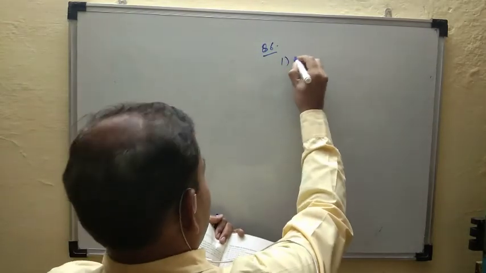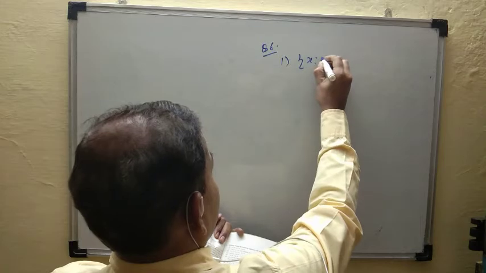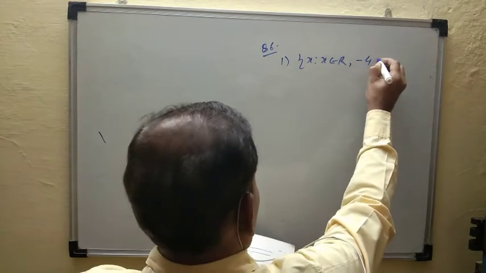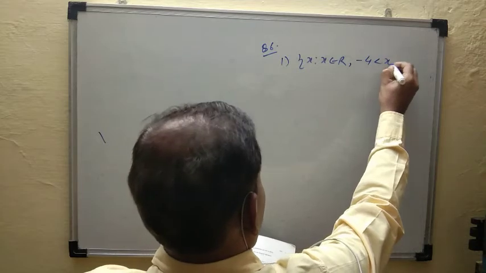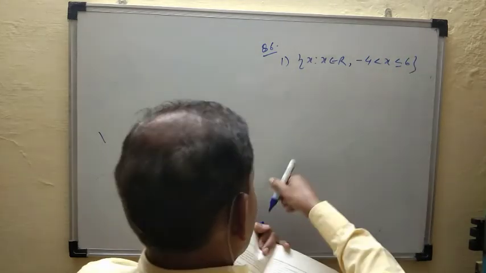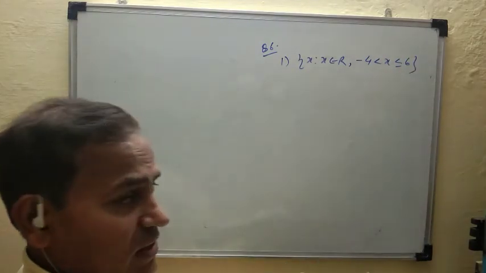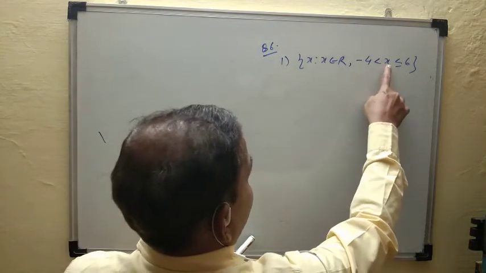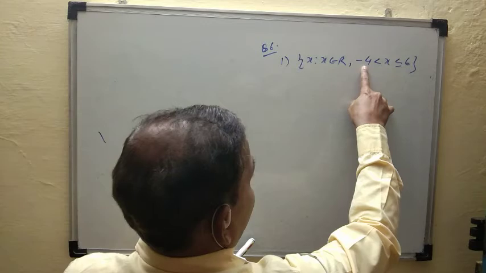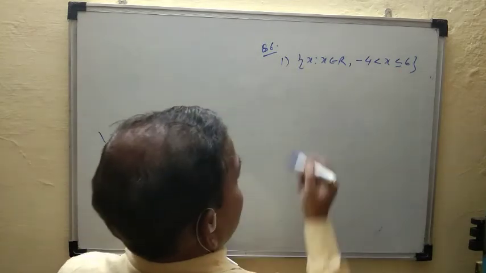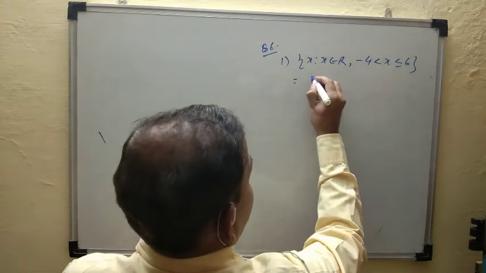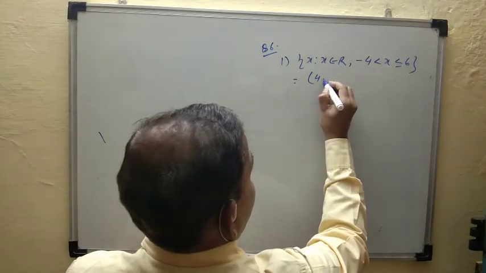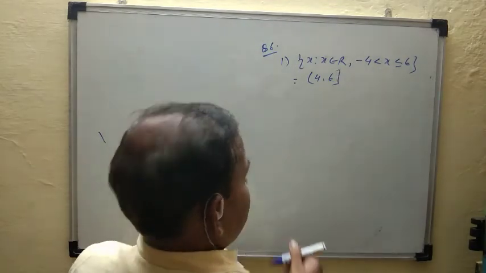The first is x such that x belongs to R, -4 is less than x less than or equal to 6. Since x is a real number and the value of x is greater than -4 and less than or equal to 6, the interval is open on the left side and on the right side up to 6, so the right side is a closed interval.